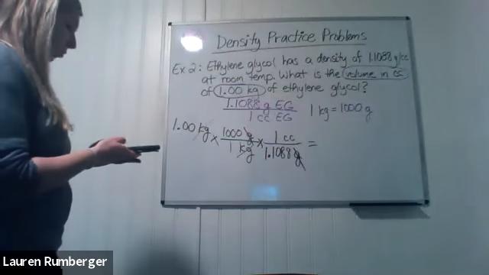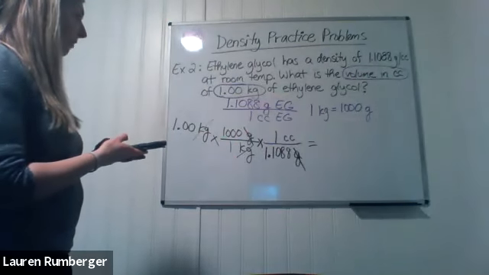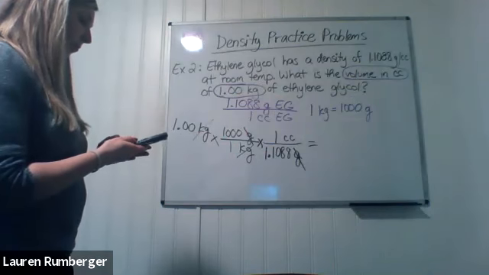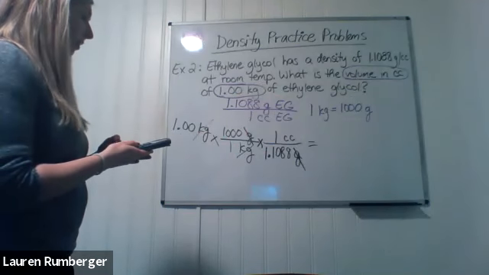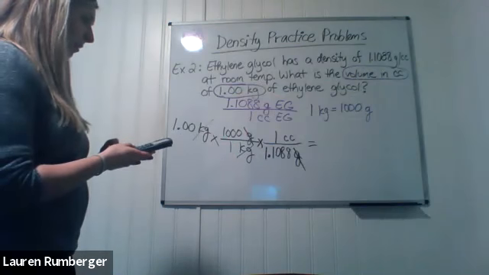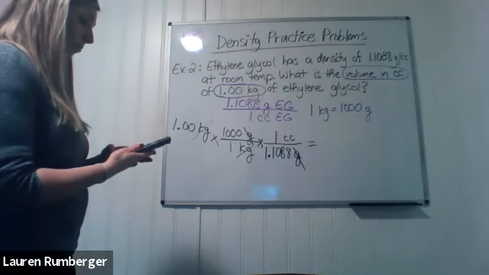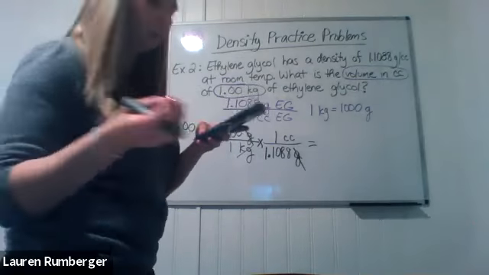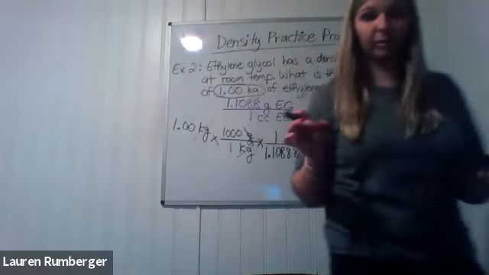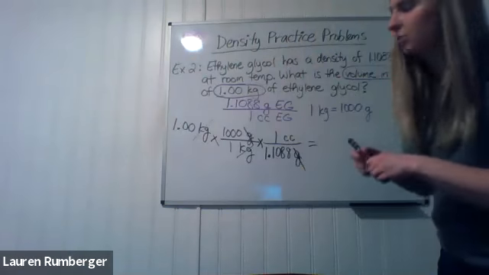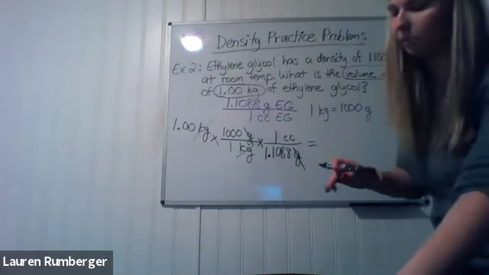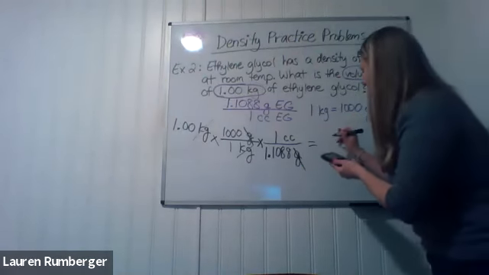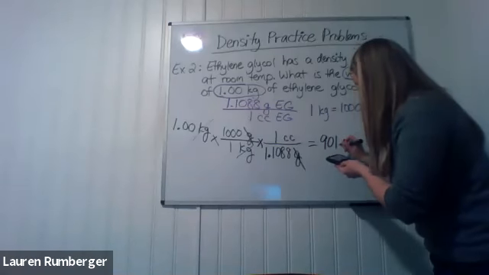So let's take 1 times 1,000, divide by 1.1088. This will give us an answer with a lot of numbers, but we need to round it for significant figures. So let me just write out the number that the calculator gives me.